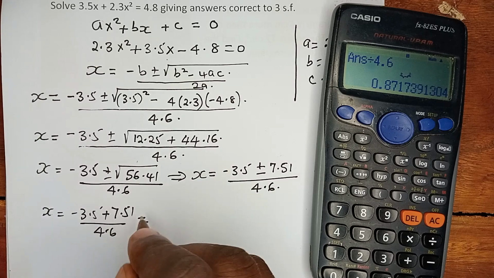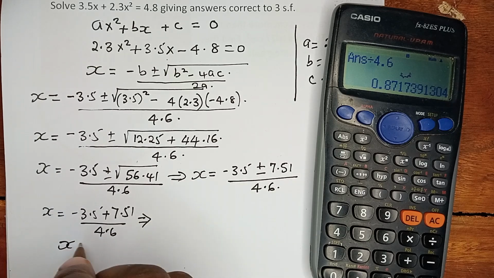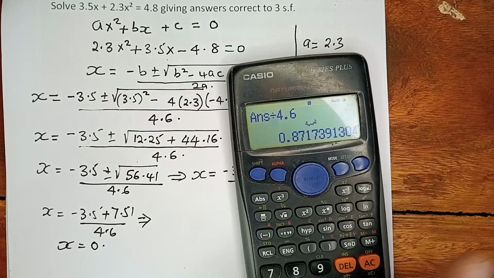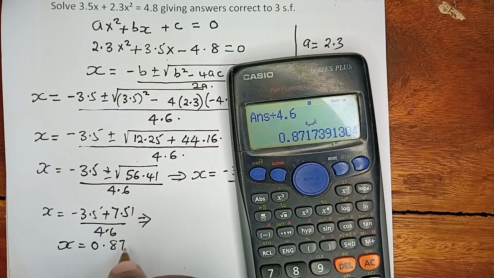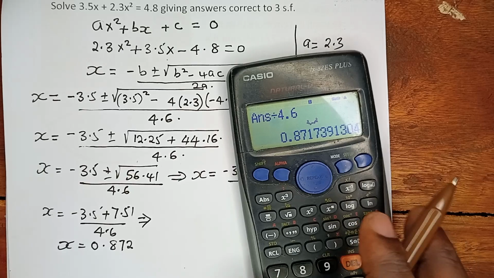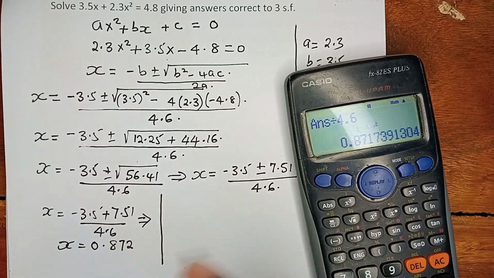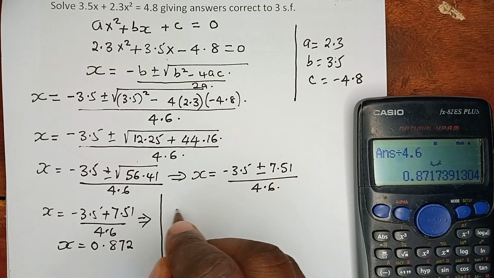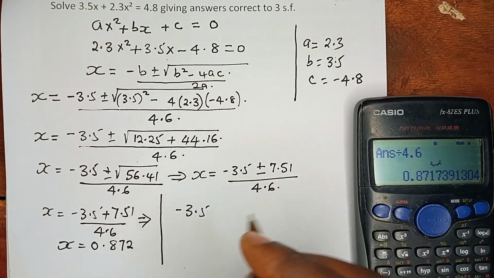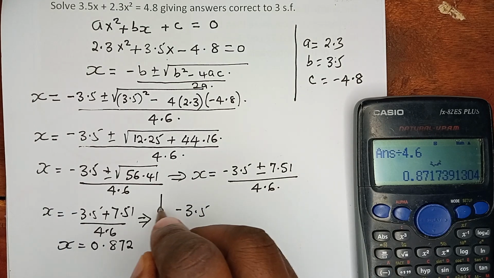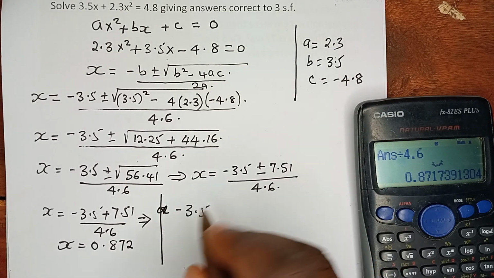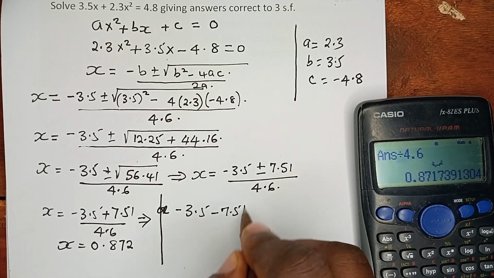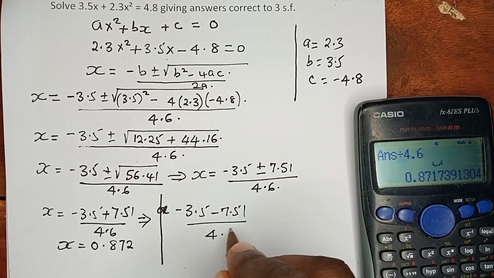So our x is 0.872 from this calculation. There is another possibility or another value of x, which is x equal to minus 3.5 minus 7.51 all over 4.6.